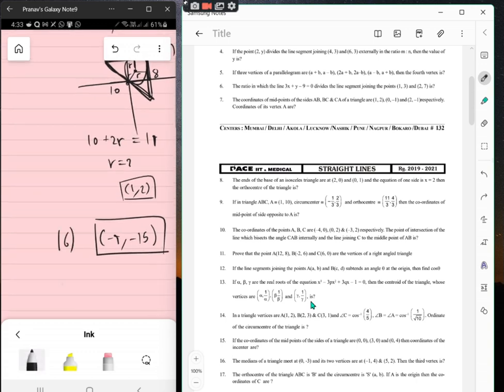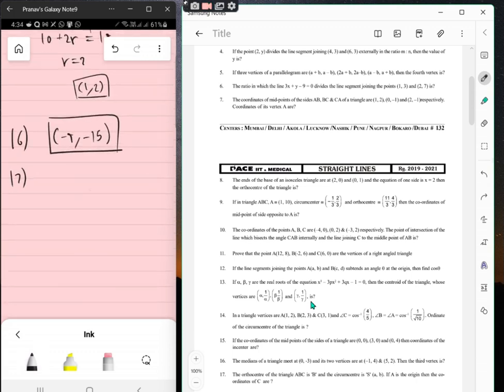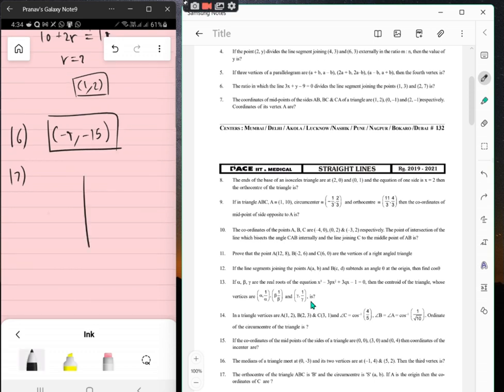Okay, 17. The orthocenter of a triangle ABC is B and circumcenter is S. If A is the origin. Oh, this is nice, A is the origin. Rarely do I get these kinds of questions where one of them is already the origin.